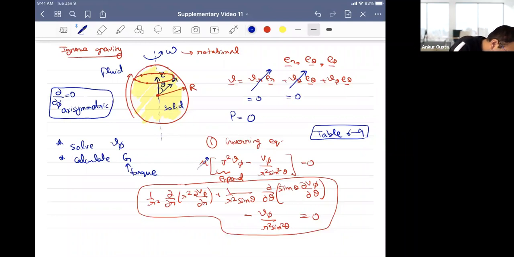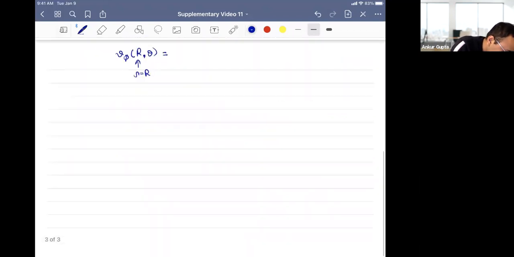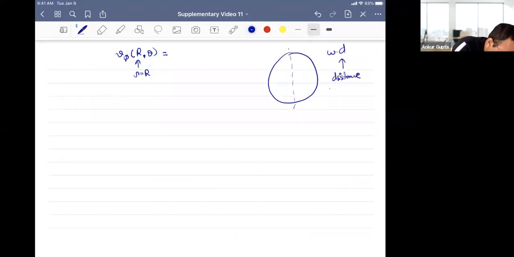So you can imagine that it's the velocity of the sphere, which is rotating about this axis. The distance from the axis should be r sine theta. The velocity is omega times d, where d is the distance from the axis of rotation.